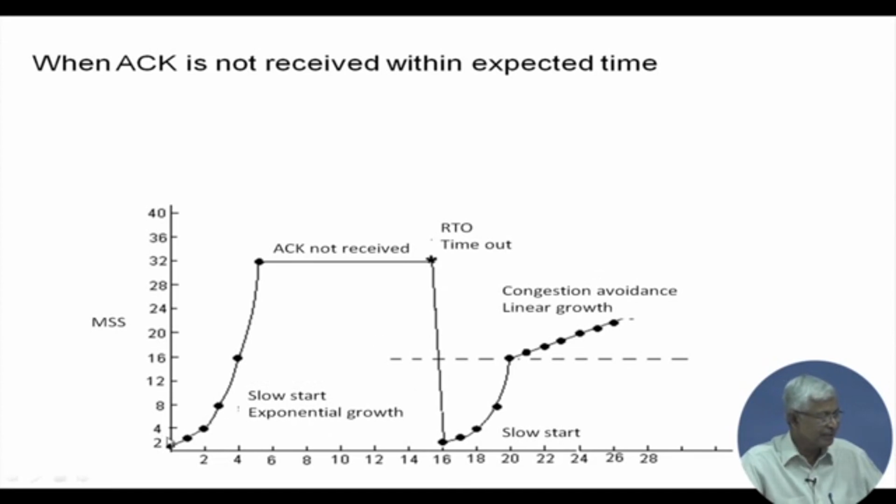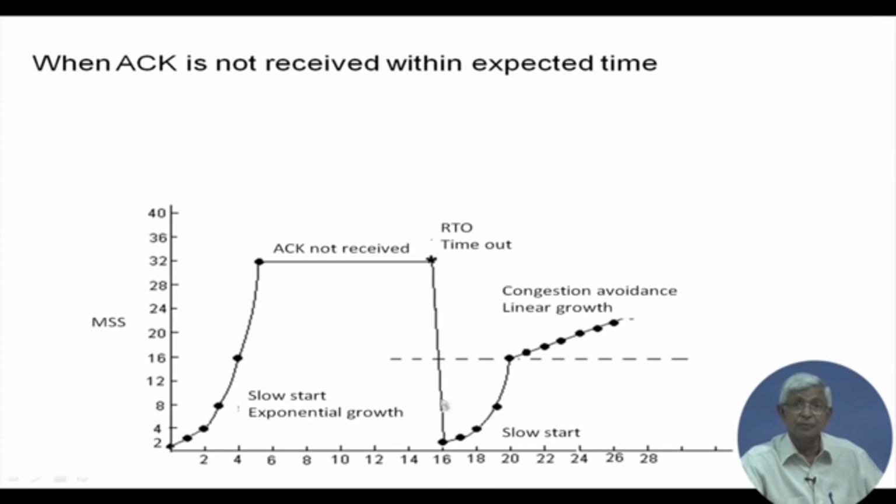So, it goes like that. The x axis is RTT, the y axis is MSS. So, it grows like this exponentially, and let us say at some time acknowledgement is not received, that means RTO fired. Once the RTO fires, TCP flow control says that some congestion has occurred.